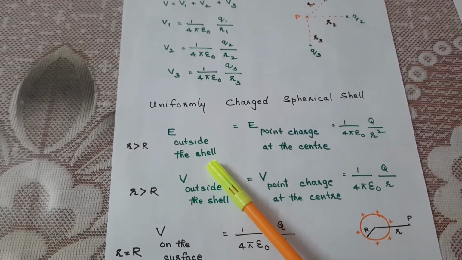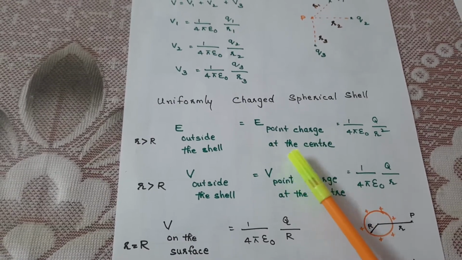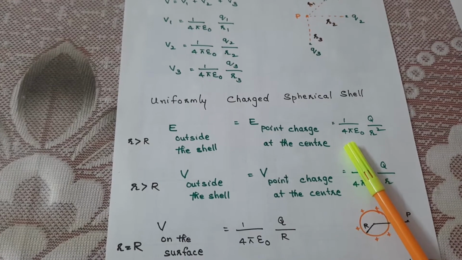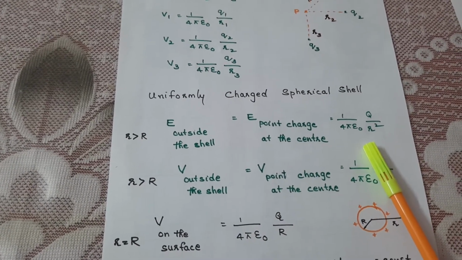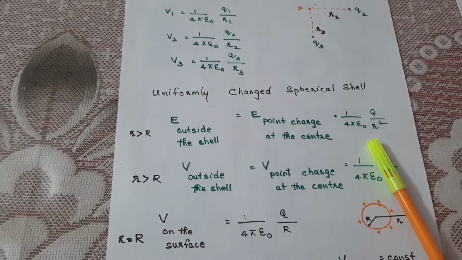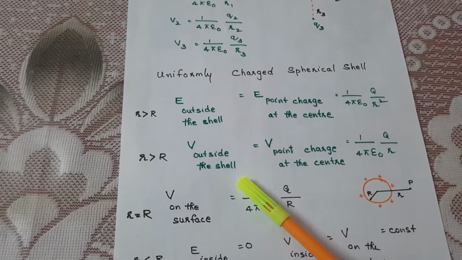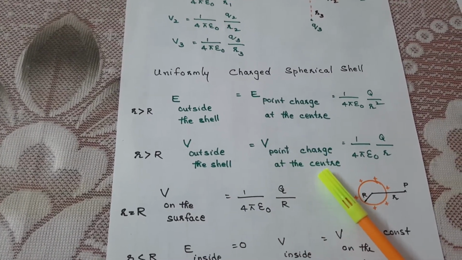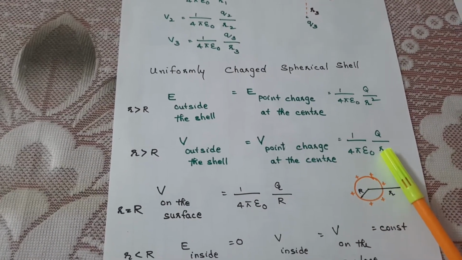Electric field outside the shell is same as that of a point charge at the center of the shell. It is 1 by 4 pi epsilon 0 Q by R square, where Q is the total charge on the surface of the shell. Therefore, the potential outside the shell is also same as the potential due to a point charge. It is equal to 1 by 4 pi epsilon 0 Q by R.